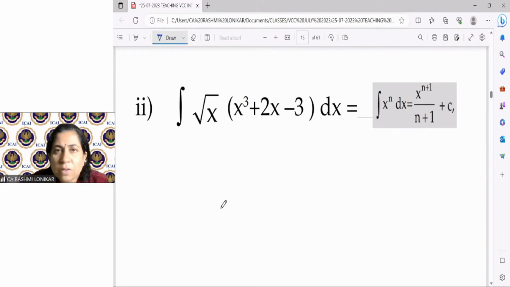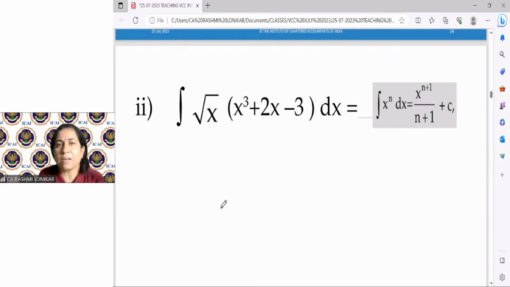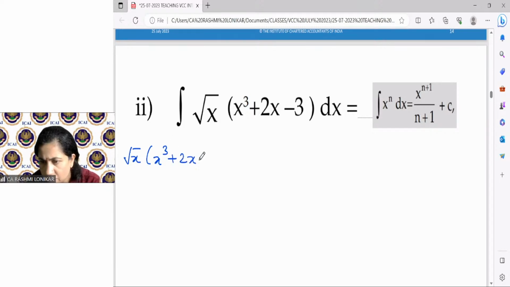Now, here also we are going to expand the bracket and find the integral. First let us just talk about square root x into x cube plus 2x minus 3. So this is nothing but x cube root x plus 2x root x minus 3 root x.